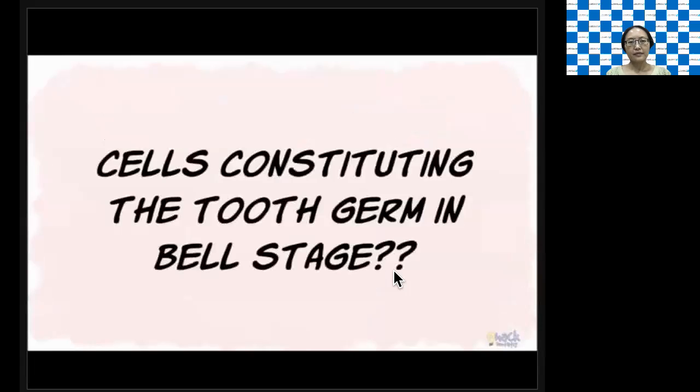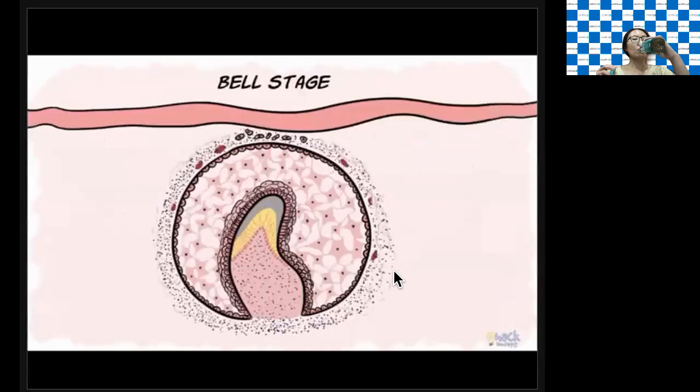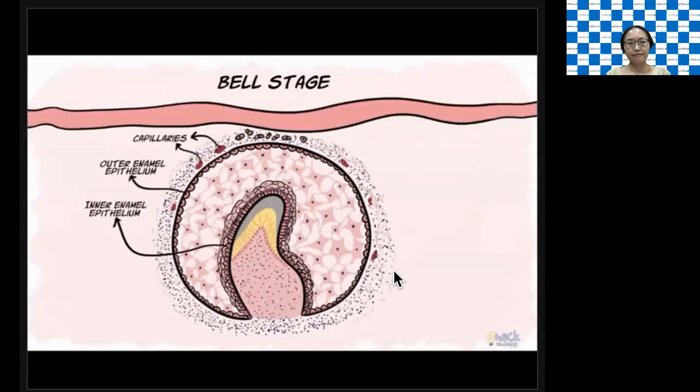Let's have a look at the different types of cells constituting the whole tooth germ at this stage. Like the cap stage, the early bell stage comprises an inner enamel epithelium lining the concavity of the bell and an outer enamel epithelium lining the periphery of the enamel organ. There are capillary plexuses established near the outer enamel epithelium, which bring in nutrition for the cells of the enamel organ.